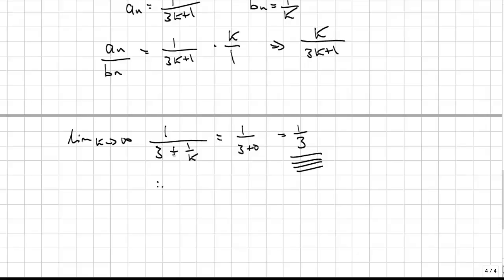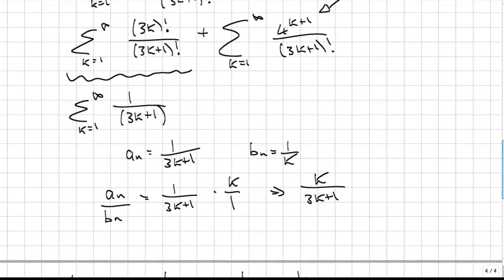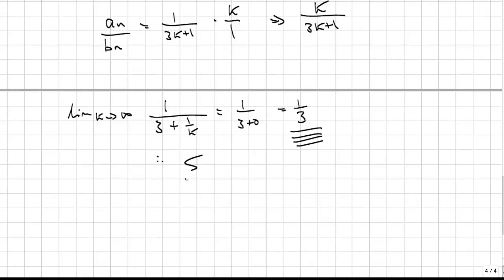So therefore the series part from here is divergent, and therefore what we essentially have in this problem is the summation of a divergent part and a convergent part, and I think it's fairly obvious that the overall result must be one of divergence.